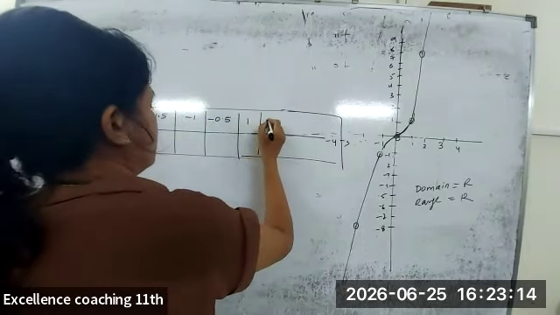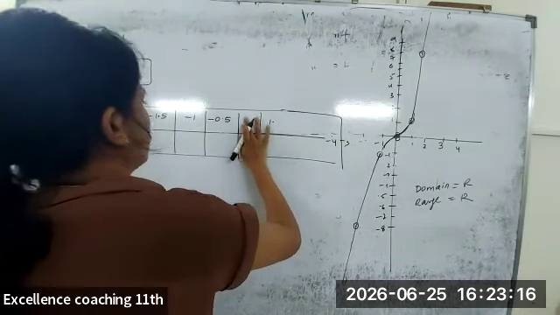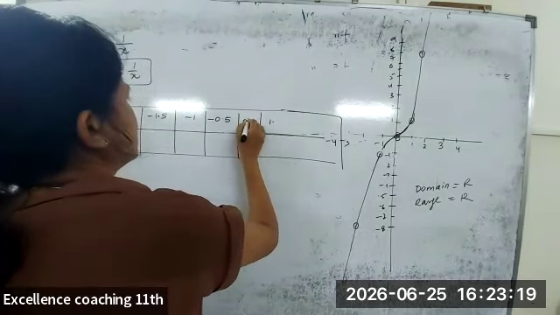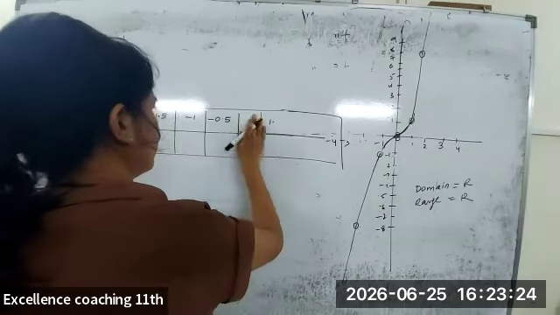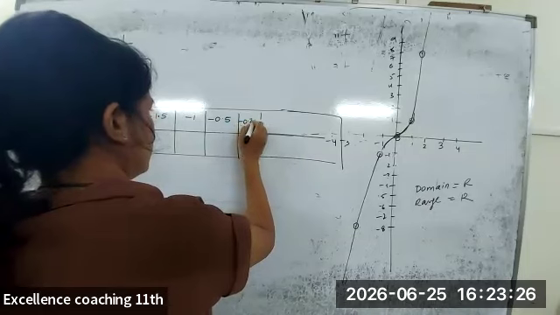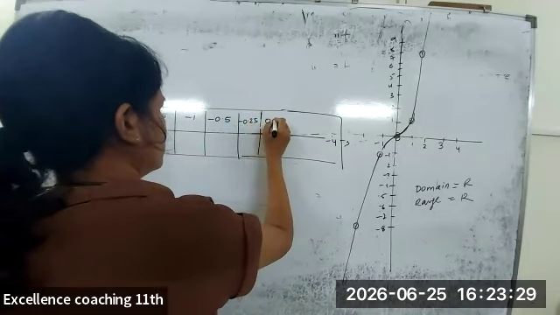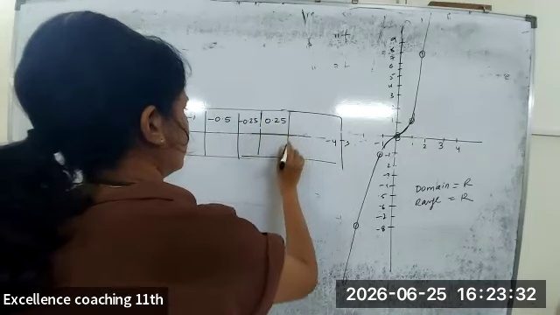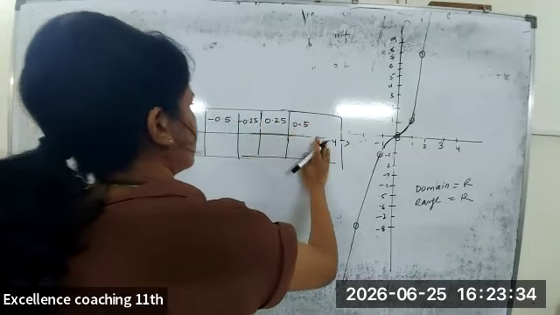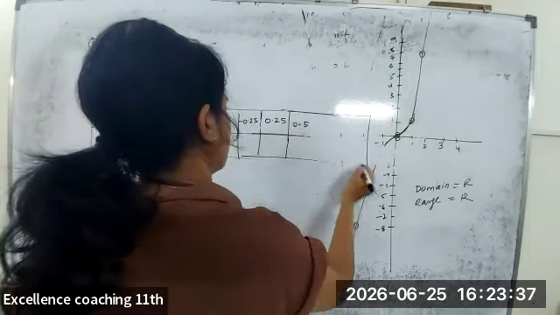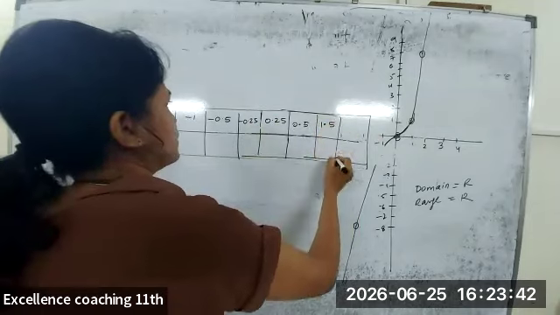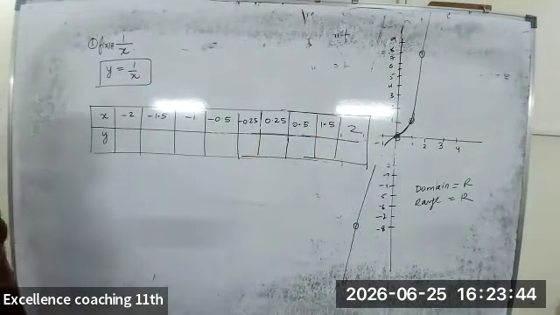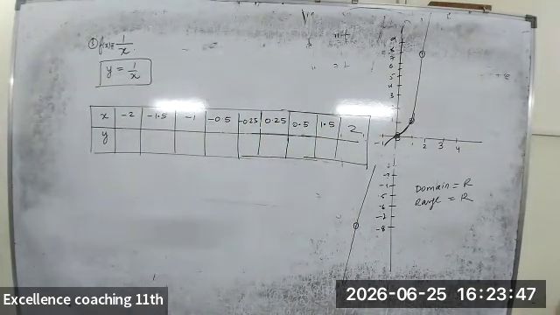Plus 1, plus 1 point. Take all positive on this side, like 0.25, 0.5, 1, 1.5 and then 2.